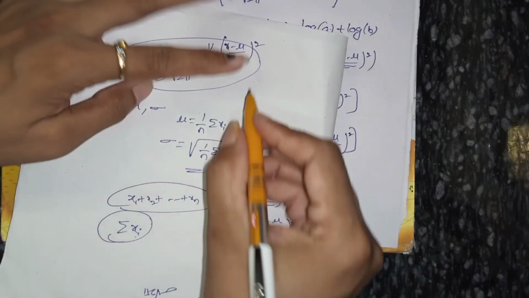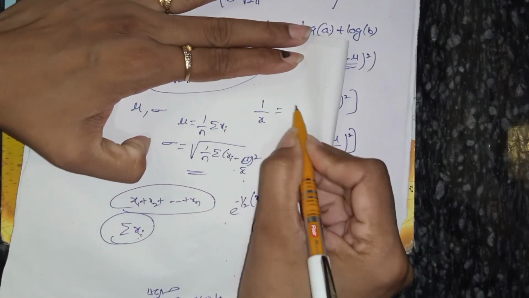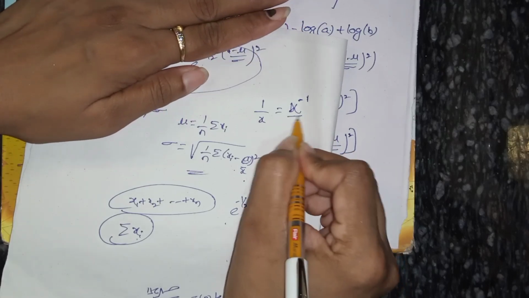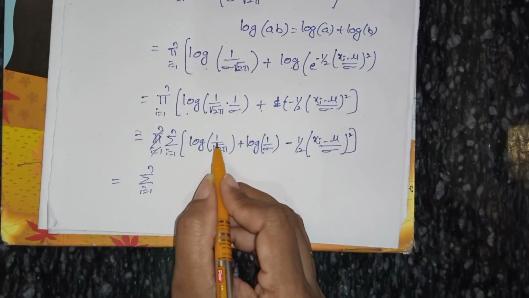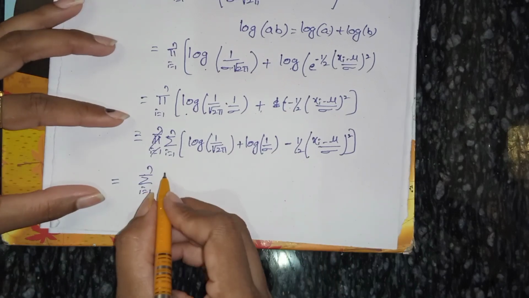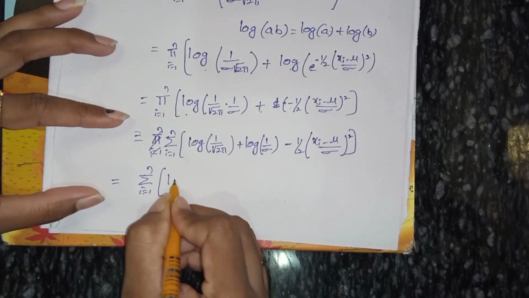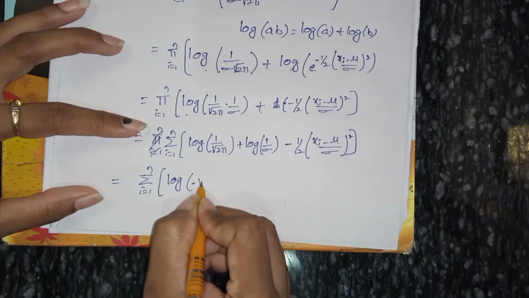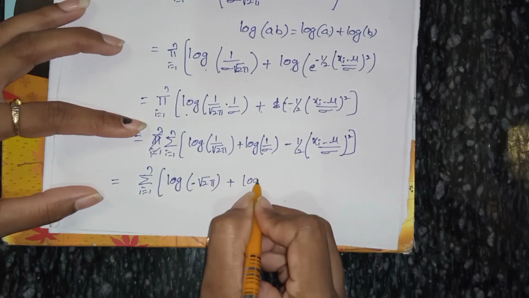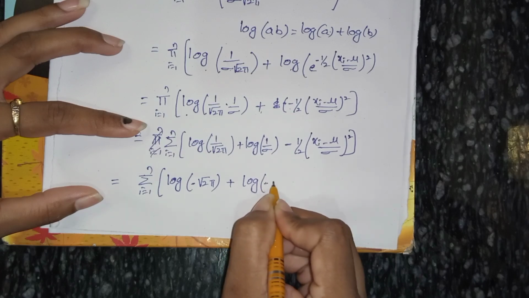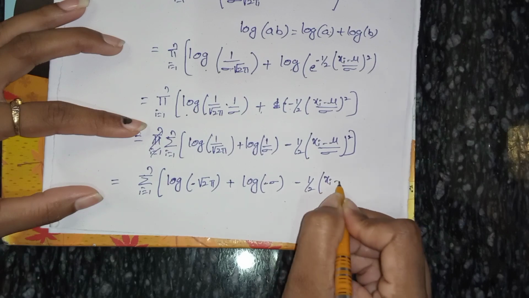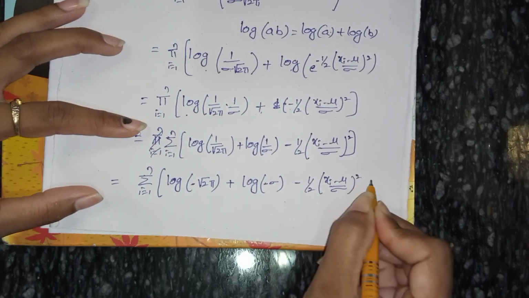See here, if 1 by x is there, we can write x to the power of minus 1, no? Like that I am going to write 1 by root 2 pi as minus root 2 pi. So that means log of minus root 2 pi plus log of minus sigma minus 1 by 2 (xi minus mu by sigma) whole square.